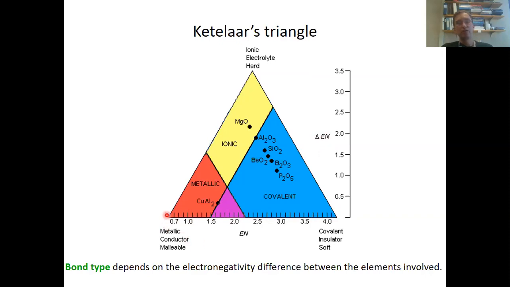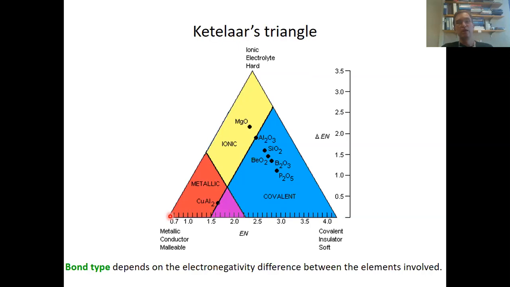Now here at this end, we would find the cesium. The electronegativity difference in cesium metal is 0, and the average electronegativity of cesium within cesium metal is just the electronegativity of cesium metal.